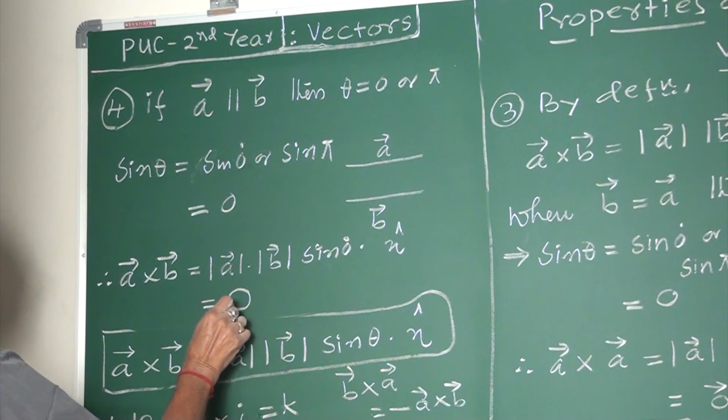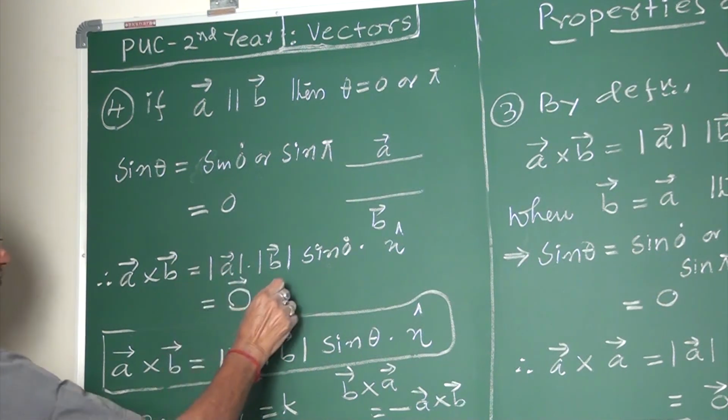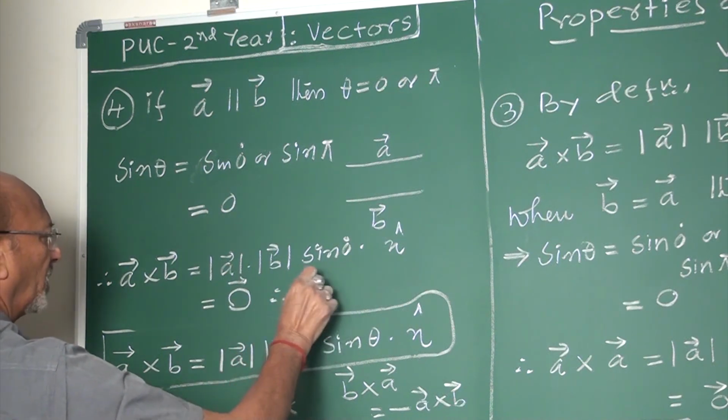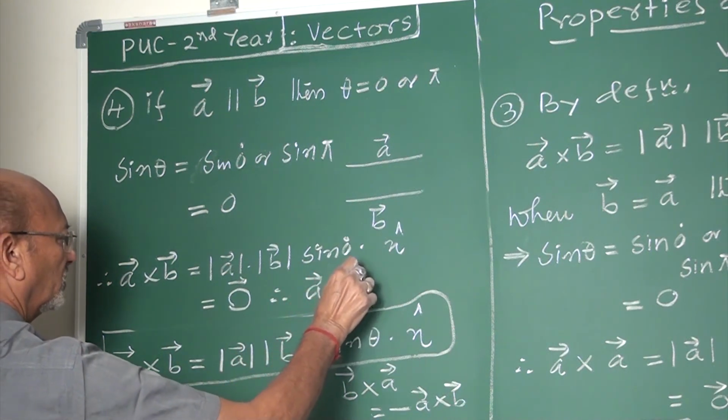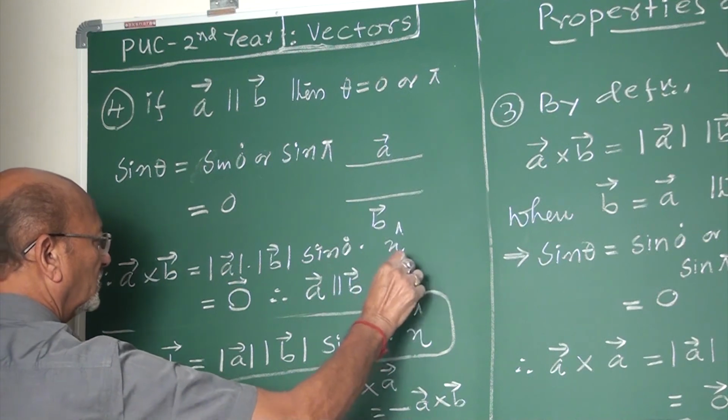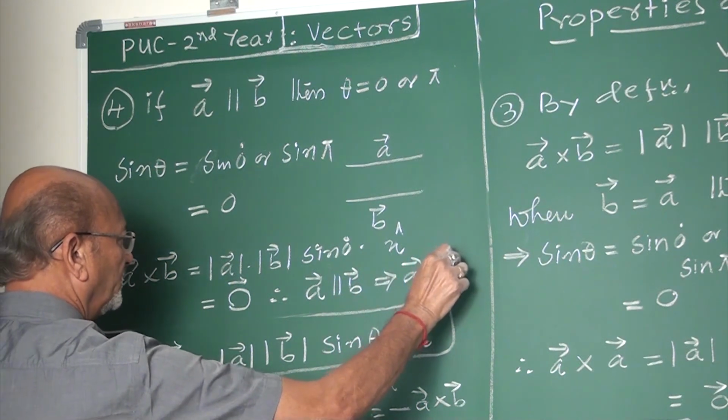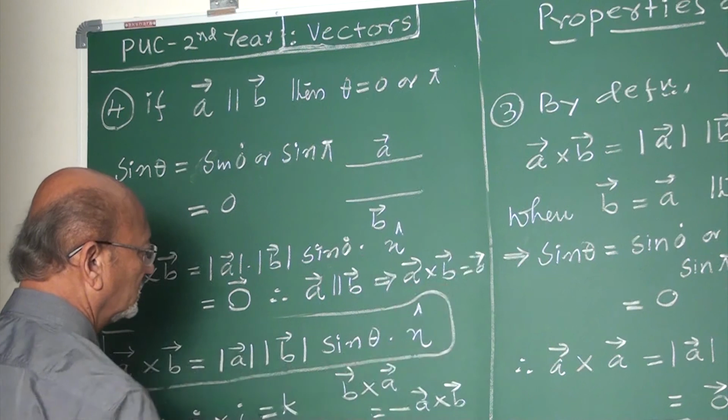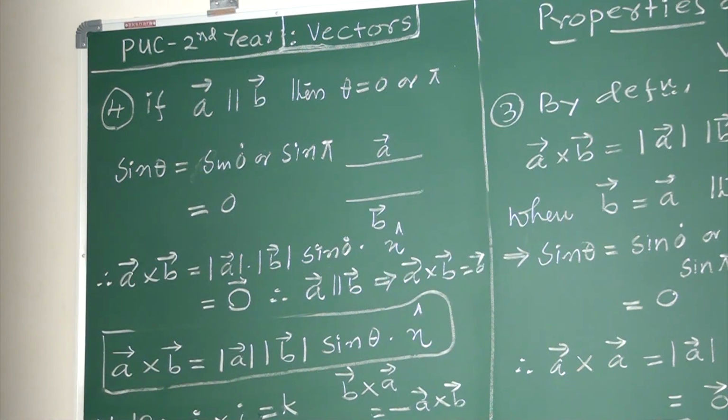So my friends, this is zero vector. Therefore, A parallel to B implies A cross B is zero vector.